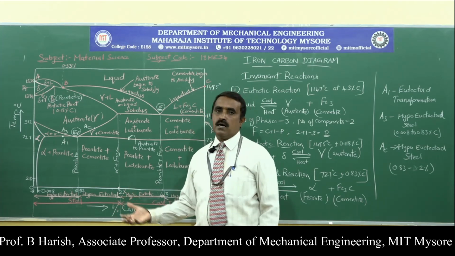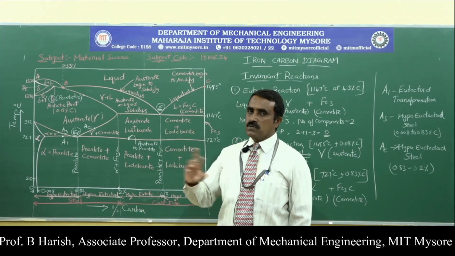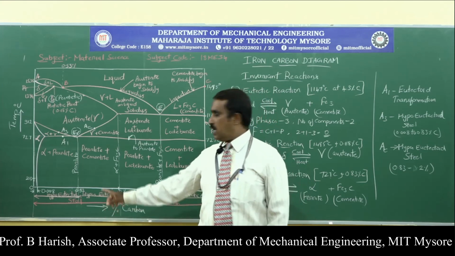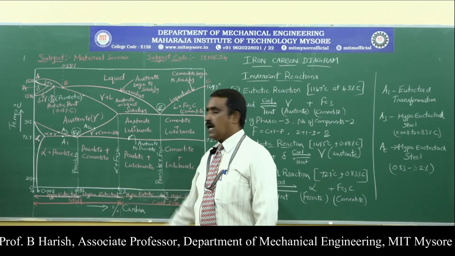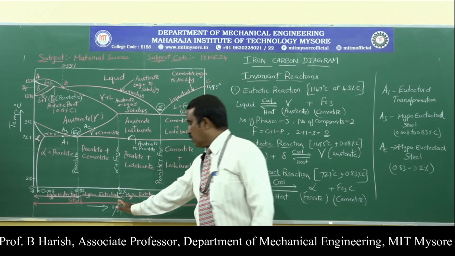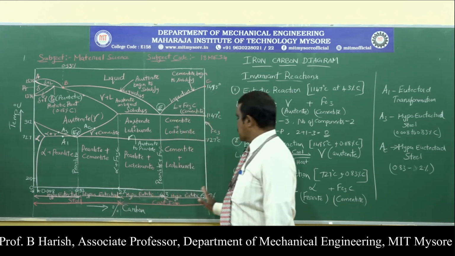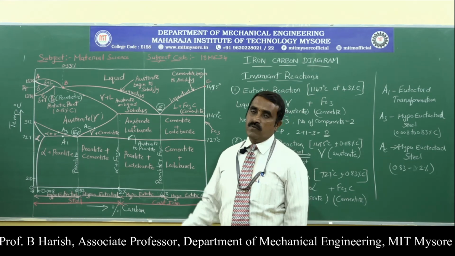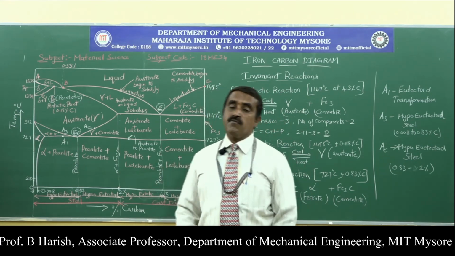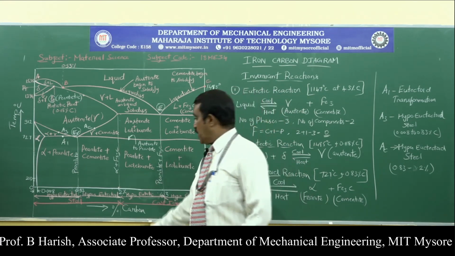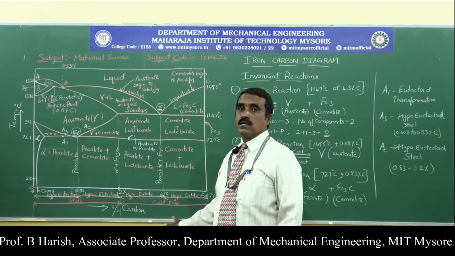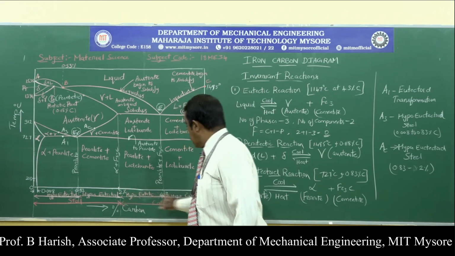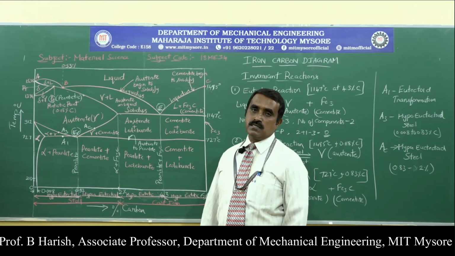As I told in the beginning of the session, in steel we can have two types: hypo-eutectoid steel and hyper-eutectoid steel. Similarly, between 2 and 6.67% carbon content, we call that type of iron cast iron. Here the carbon content goes on increasing from 2% to 6.67%.